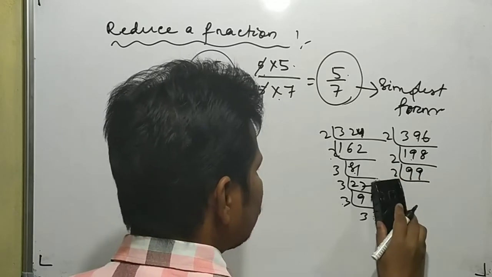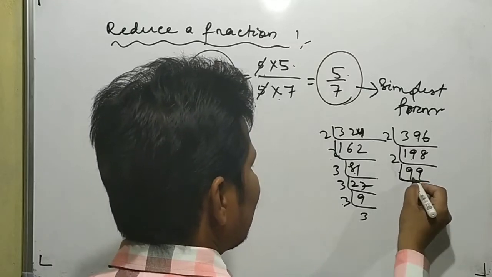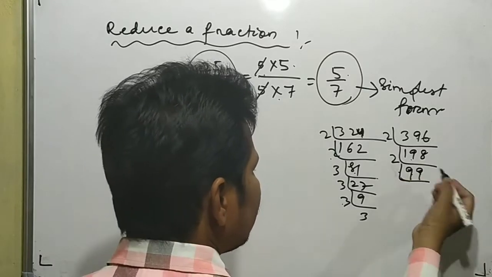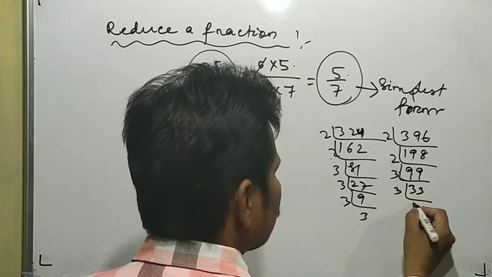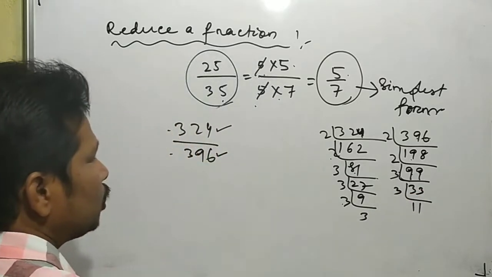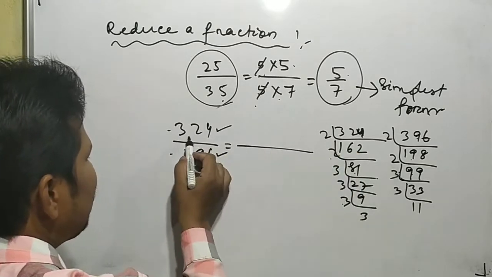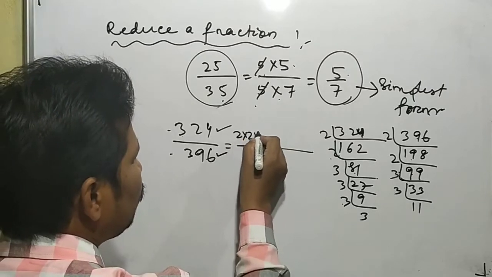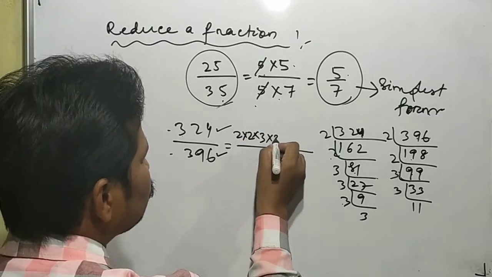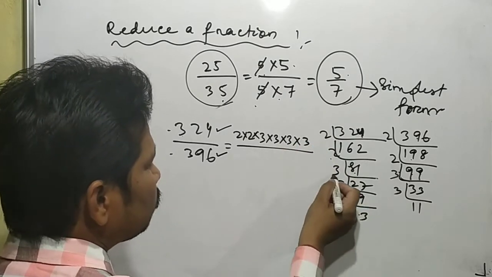Now it is not divisible by 2, but 9 and 9 are divisible by 3, so 3 into 33. Again it is divisible by 3, so 11. Complete. So for 396 we can write 2 into 2 into 3 into 3 into 11. And 324 is 2 into 2 into 3 into 3 into 3 into 3. How many 3s? 1, 2, 3, 4. Four 3s.